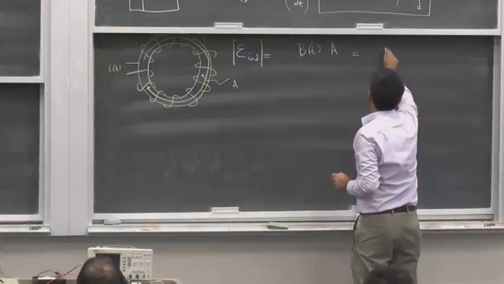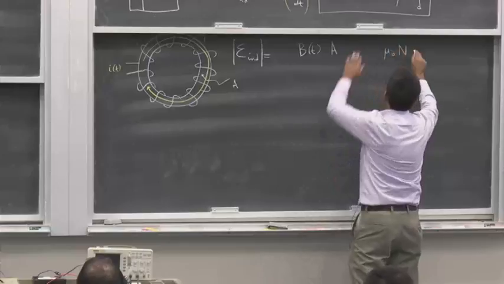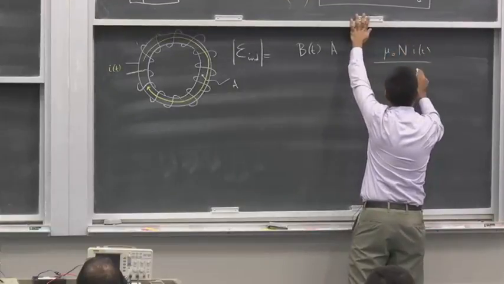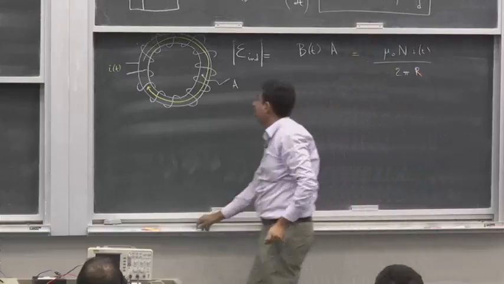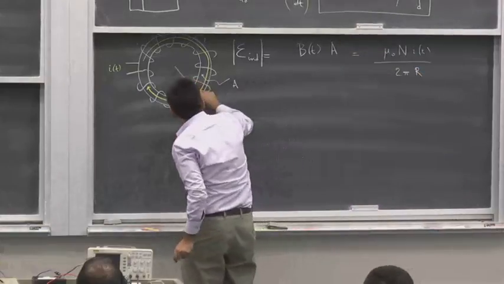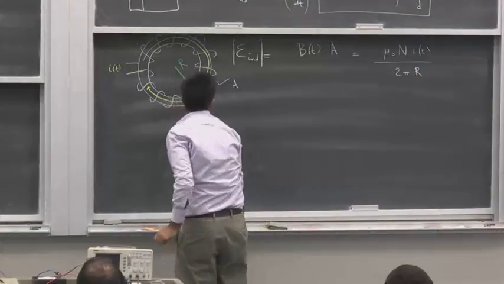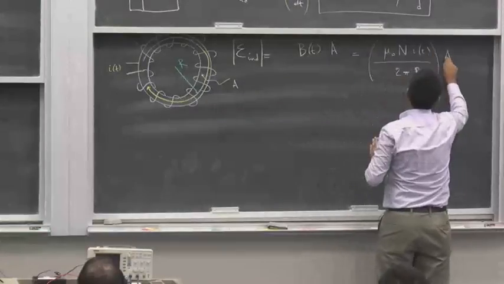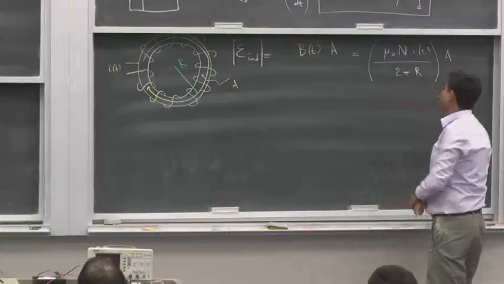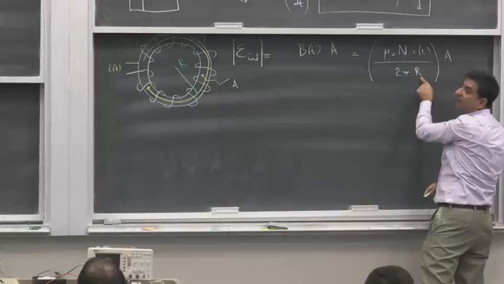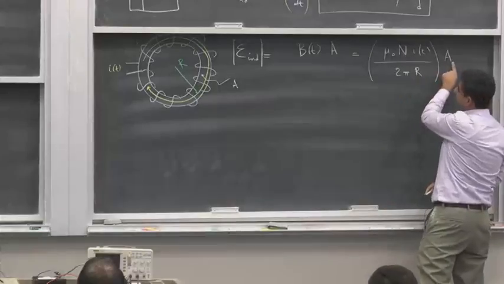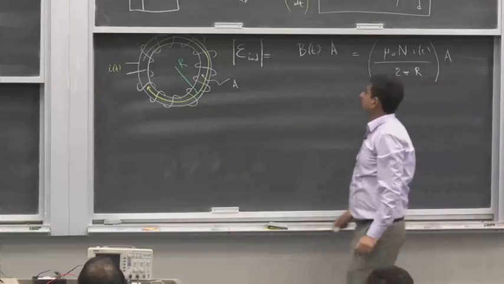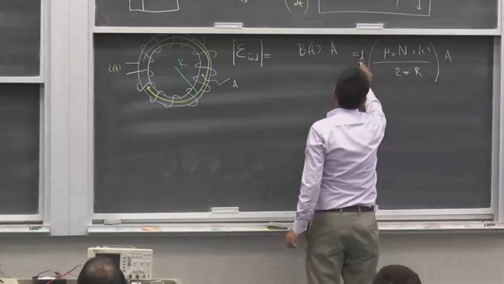That is mu naught N I(t) divided by 2 pi R. Now this is the R that you need to take. Okay? This is the magnetic field and this is capital A. So this capital A is not this pi R squared, remember. This is the cross-sectional area of the toroid. And the time derivative of this, of course.